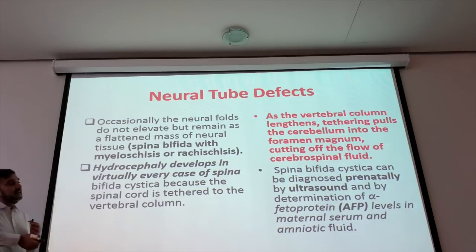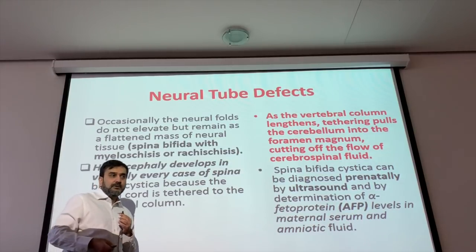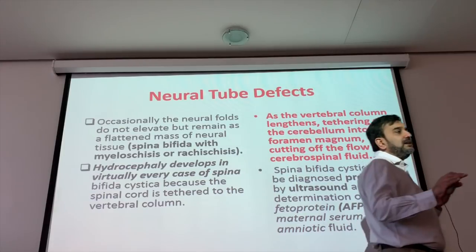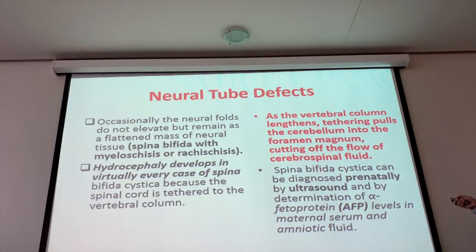You can see the spina bifida cystica by doing a prenatal ultrasound. If you are doing a prenatal ultrasound around the 14th to 16th week, you can actually see the spina bifida cystica, and you can also determine the alpha-fetoprotein level in the maternal blood and the amniotic fluid.